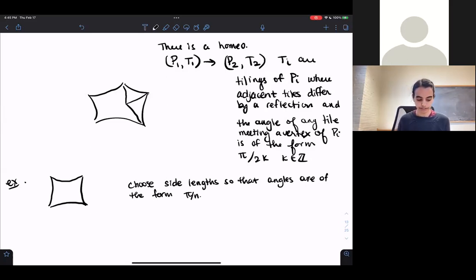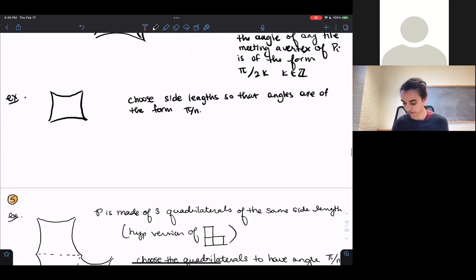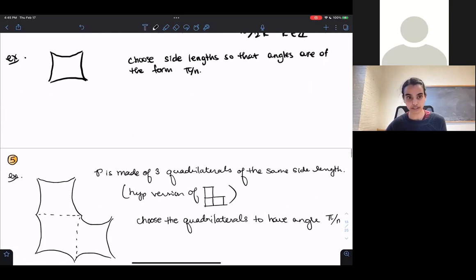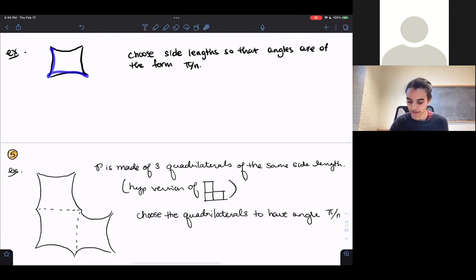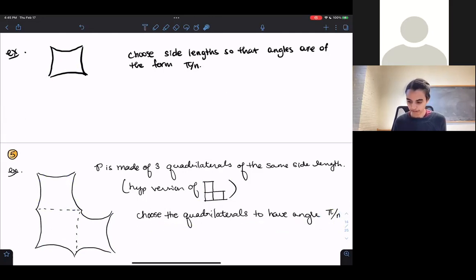Okay, let's put 3 of these together. I'm going to put 3 of these quadrilaterals together to form a larger hyperbolic polygon. It's the hyperbolic version of this flat polygon, an L shape out of 3 squares. I chose the quadrilaterals so that their angles are all pi over n. All right.